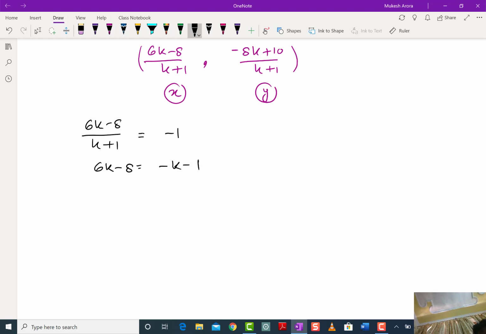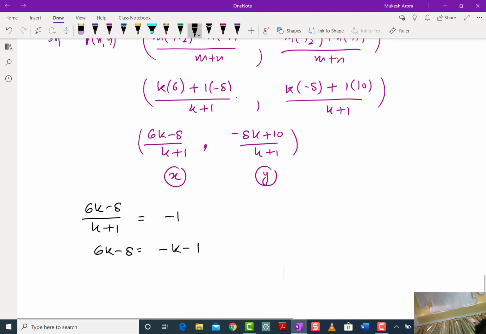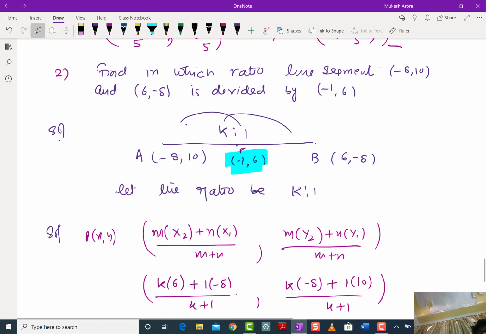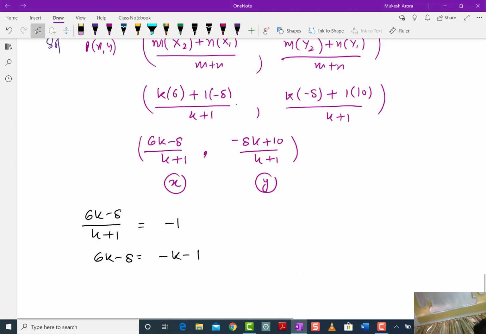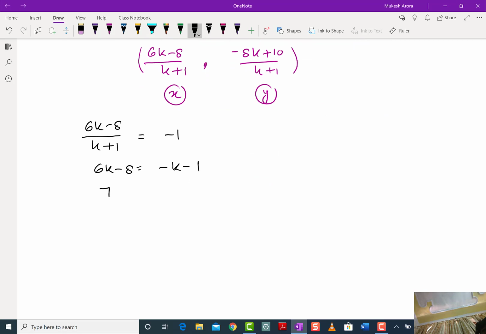So it will be 7k = 7, so k = 1. So that means the ratio is 1:1.